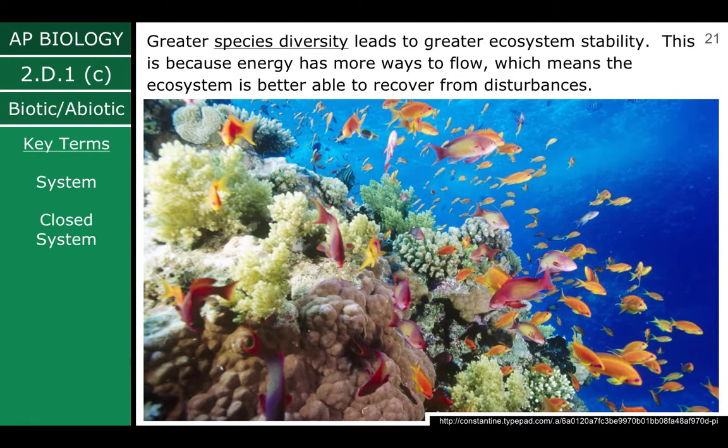Greater species diversity leads to greater ecosystem stability. Okay, so what does that mean? Species diversity is the amount of different types of species, different types of organisms, within an ecosystem. That makes an ecosystem more stable because there are different ways that energy can flow.